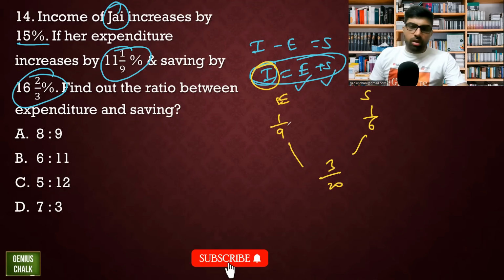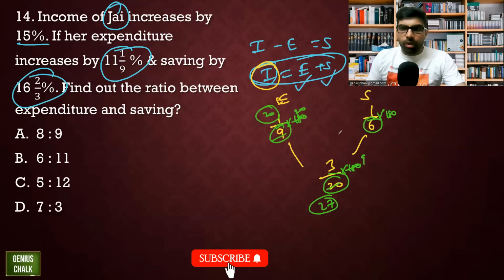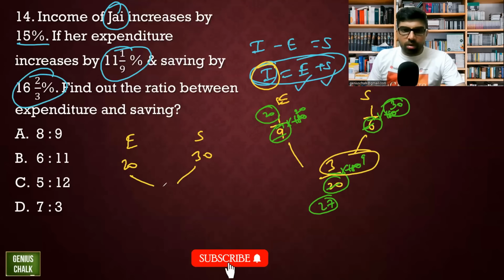Now we need to remove these denominators. So what is the LCM? 20 into 9, 180. 180 has to be the correct one, 120 will not be. 180 is fine. So multiply this by 180 and get your required result. 20, 30, and 27. So expenditure is 20, saving is 30, and income is 27.